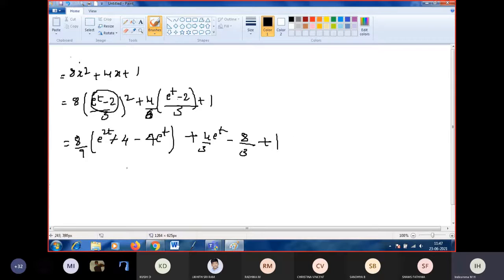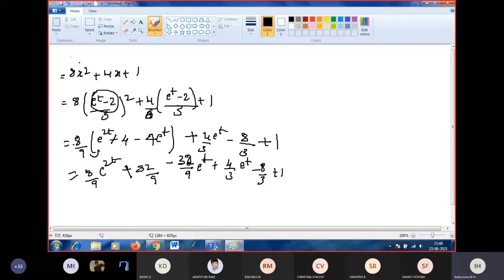So next, multiply: 8 by 9 e power 2t plus 8 4s are 32 by 9. Next, 8 4s are minus 32 by 9 into e power t plus 4 by 3 e power t minus 8 by 3 plus 1.